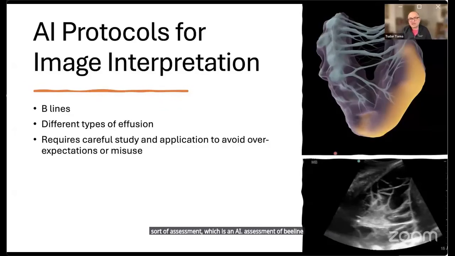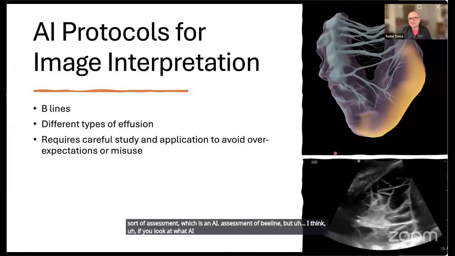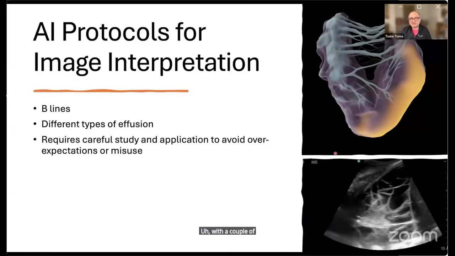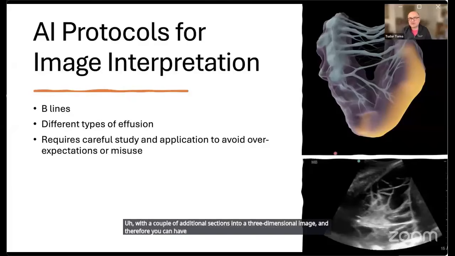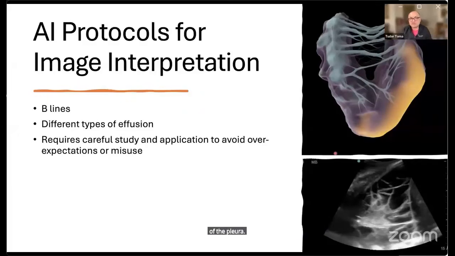But I think if you look at what AI can do, you can easily transform a two-dimensional image with a couple of additional sections into a three-dimensional image, and therefore you can have a thoracoscopic exploration of the pleura, which is a virtual thoracoscopy just from an ultrasound capture.